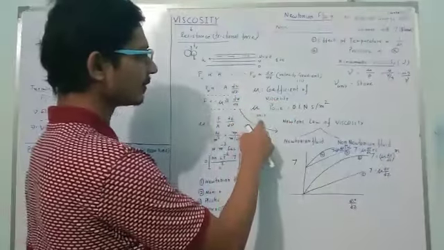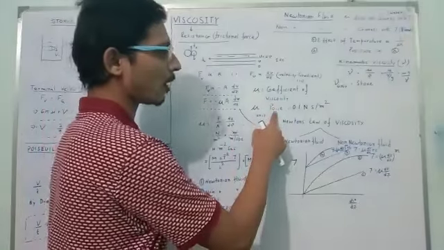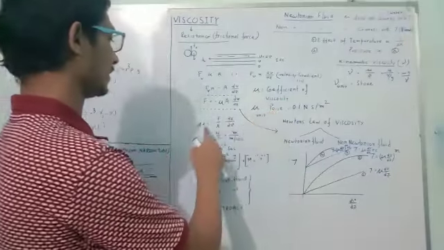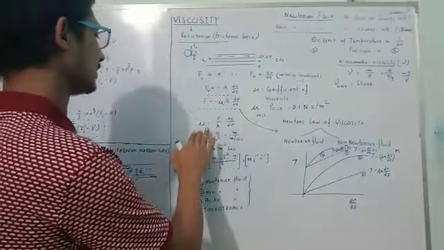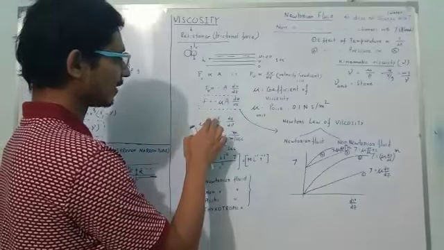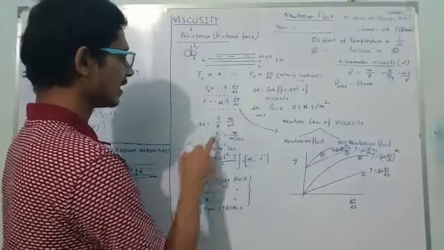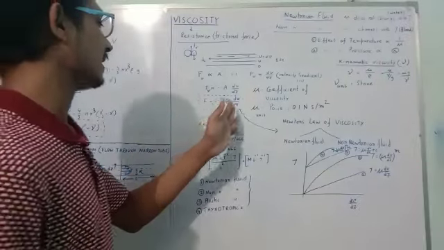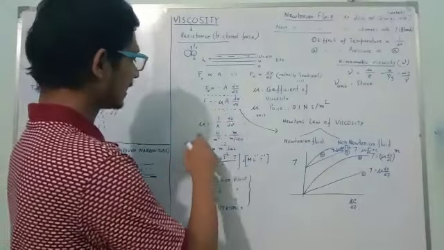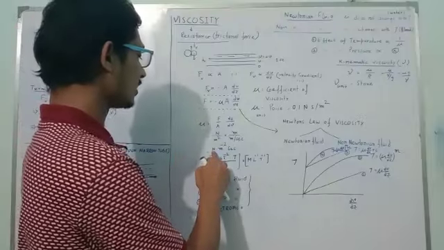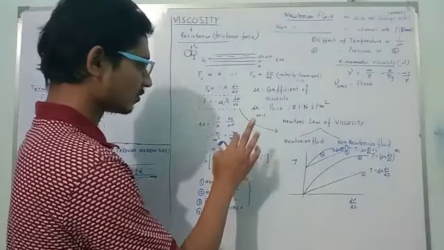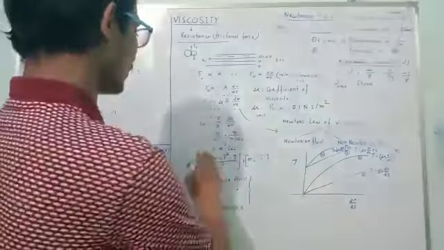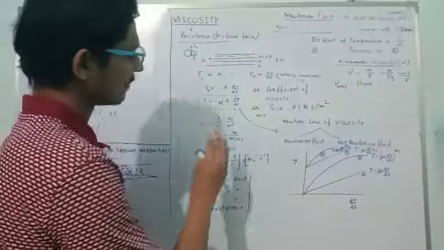What is the unit of mu? Mu is equal to F by A into dz by dv. Putting in the units of force, area, dz and dv, we get the unit of mu as Newton second per meter squared, that is Newton second into meter to the power minus 2.